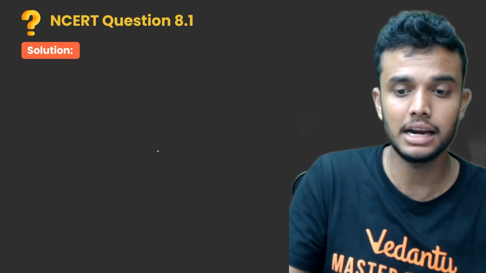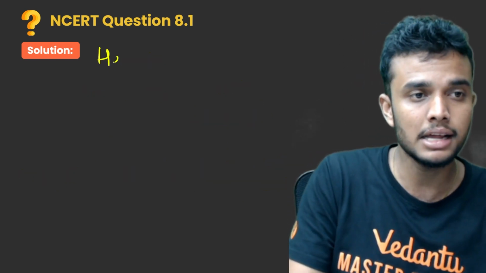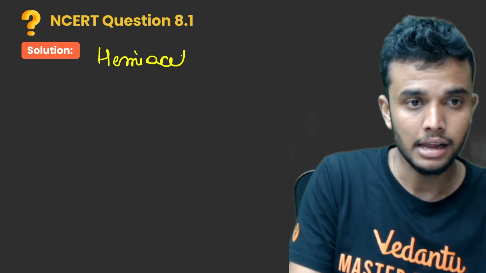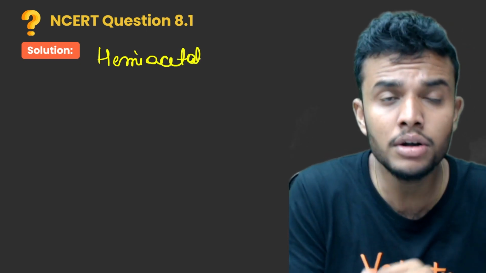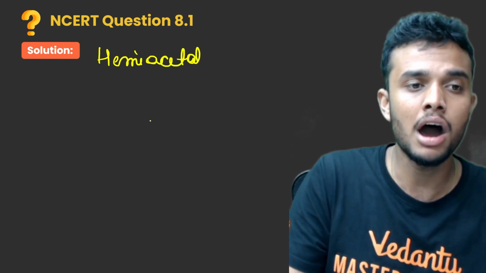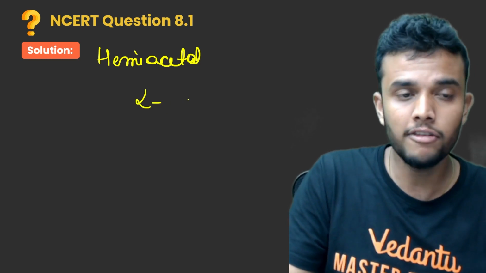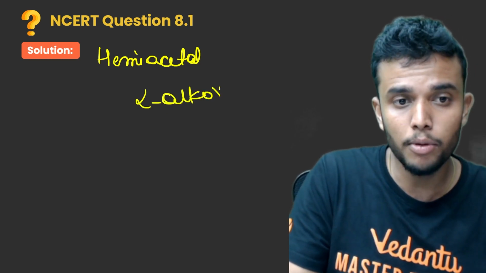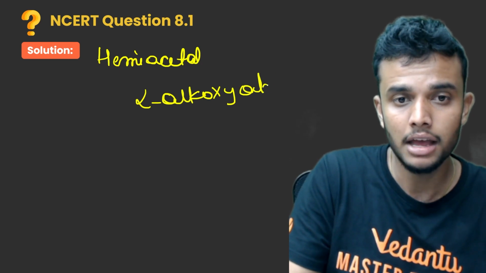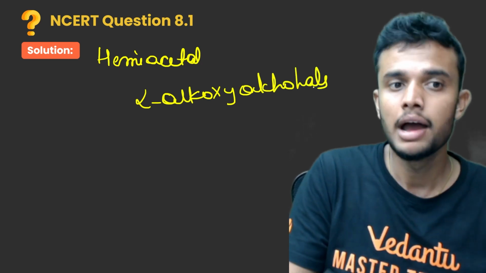Next one is hemiacetal. This is also an organic compound containing alpha-alkoxy alcohol. The compounds containing alpha-alkoxy alcohols are called hemiacetals.